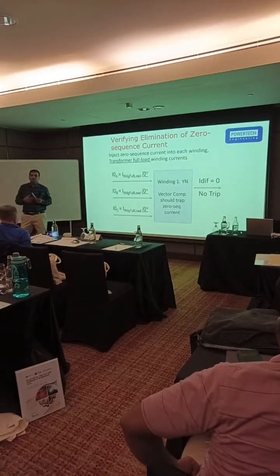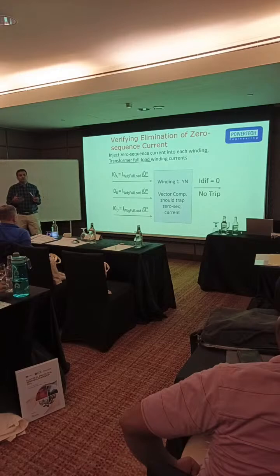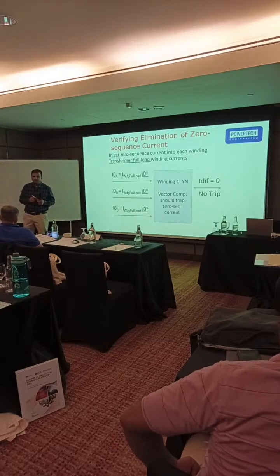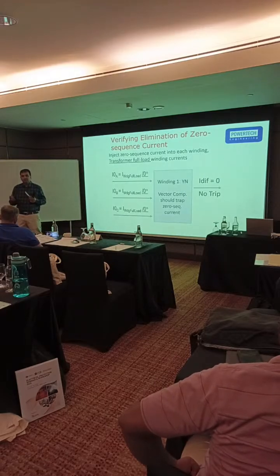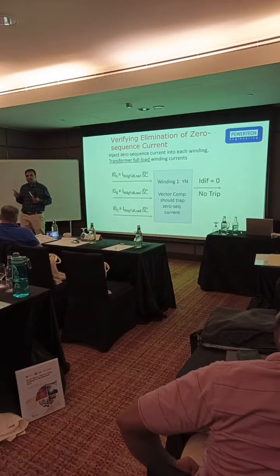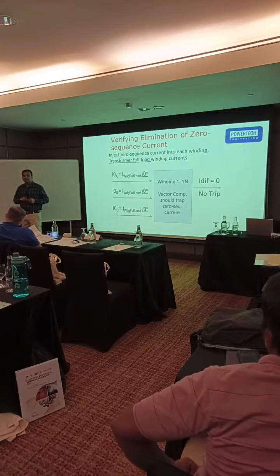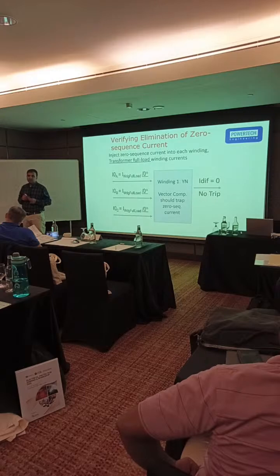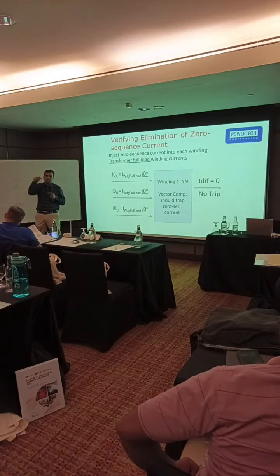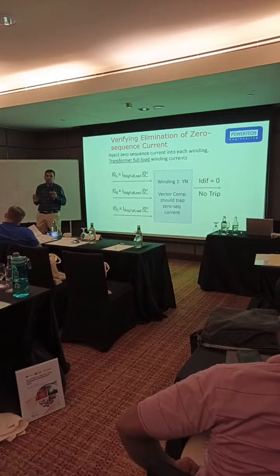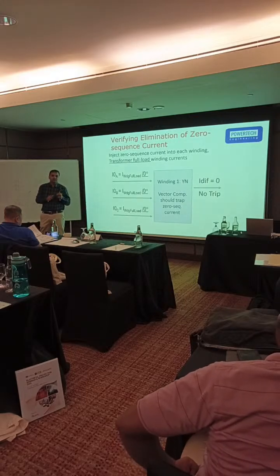Then the relay may trip at 0.45 or 0.51. So we can understand what the compensation is in each winding. Based on that, during the slope calculation, we compensate in the current injection.